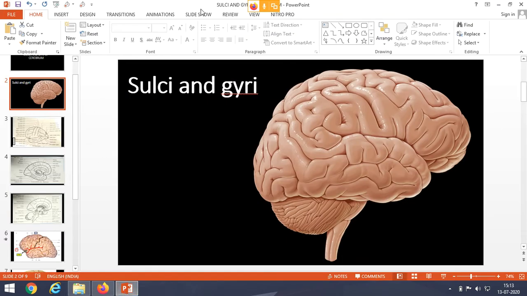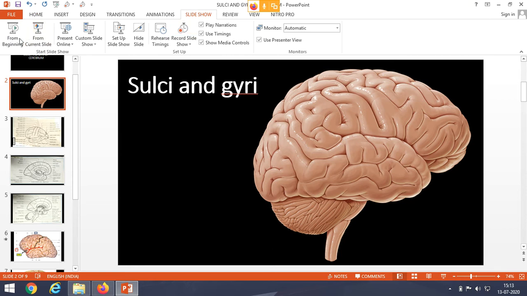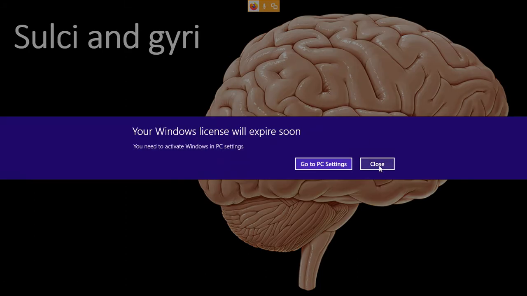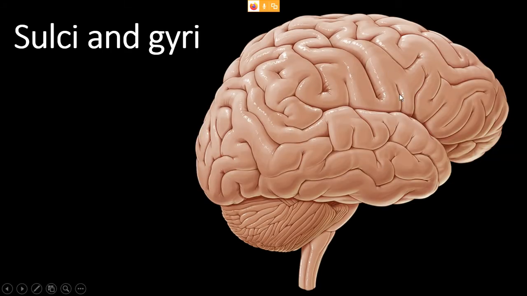Here you can see some depressions as well as the projections. So this is the brain, the cerebrum. The entire surface, as we discussed in the previous class, is called the superolateral surface.